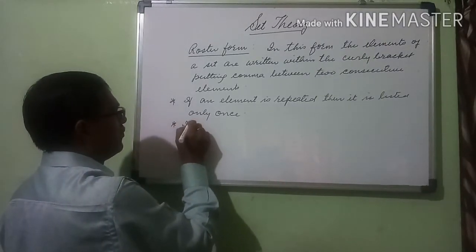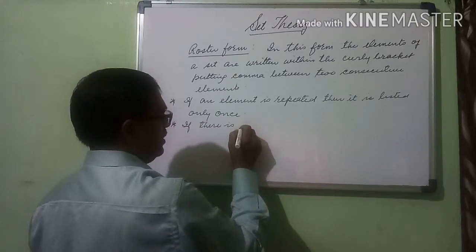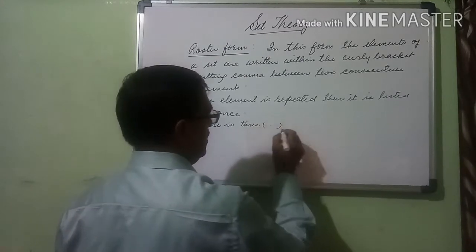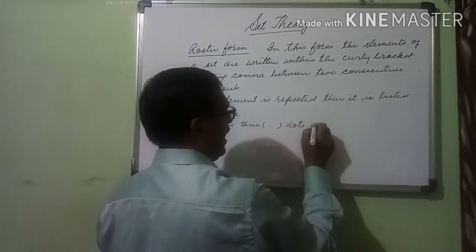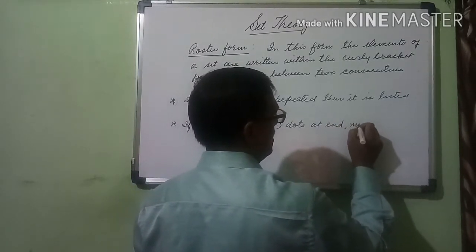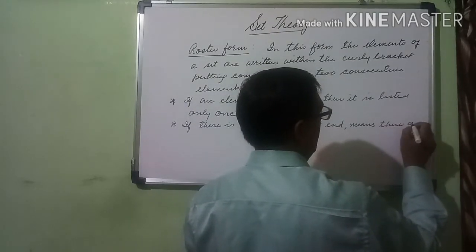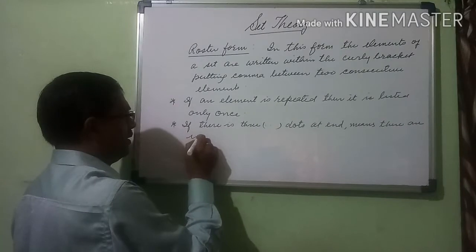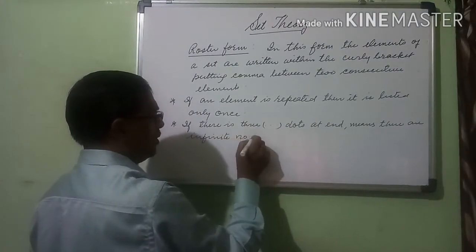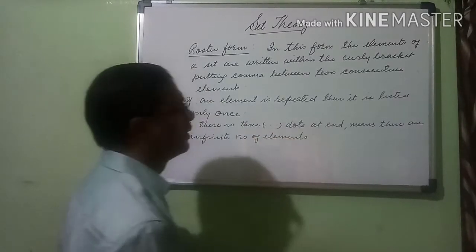Second note, if there are 3 dots at the end, it means there are infinite number of elements.